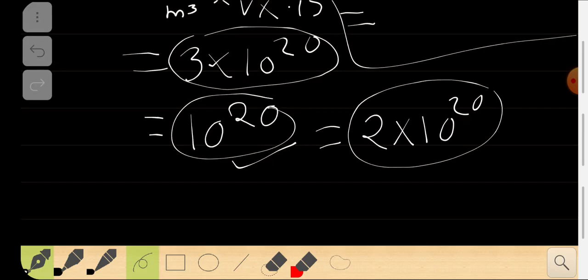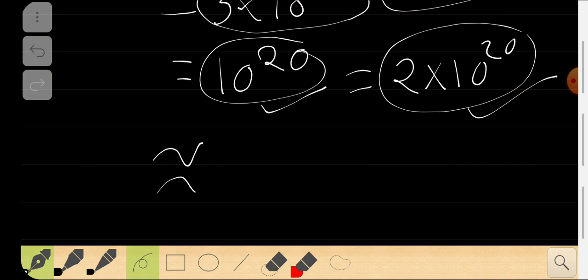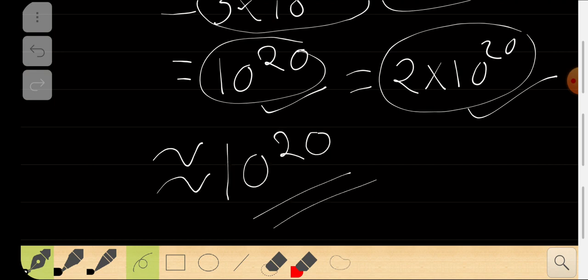This is what you do in daily life, and I want you to seriously reconsider the importance of limiting our approximations and using this concept in our daily life and how useful it is. We don't need to pick out all the big values. Even something as huge as this can be eliminated, and you get to approximate things as 10 to the power 20. That's very useful.